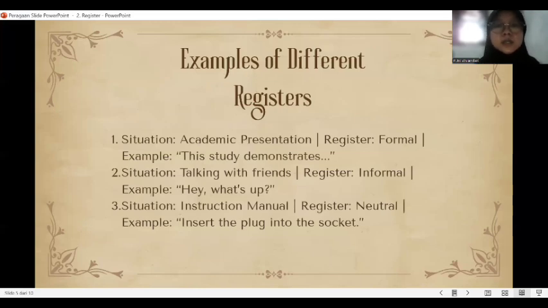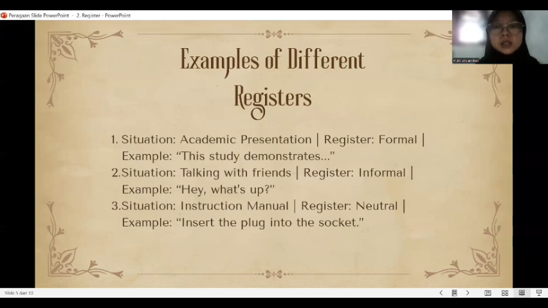Examples of different registers. The first situation is an academic presentation. The register is formal. For example, "This study demonstrated blah blah blah." The second situation is talking with friends.